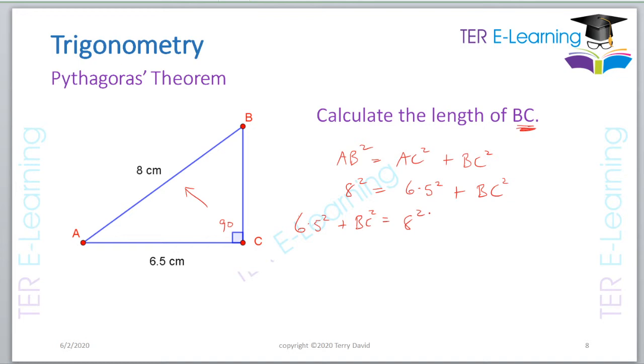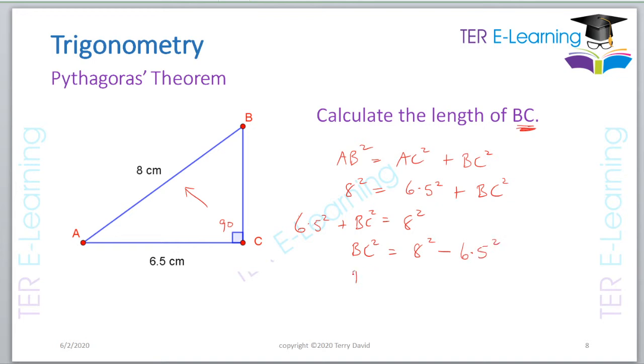If I have 8 squared is equal to 6.5 squared plus BC squared, it means that 6.5 squared plus BC squared is equal to 8 squared. Now we can start to manipulate the equation. So we can say BC squared is equal to 8 squared minus 6.5 squared.